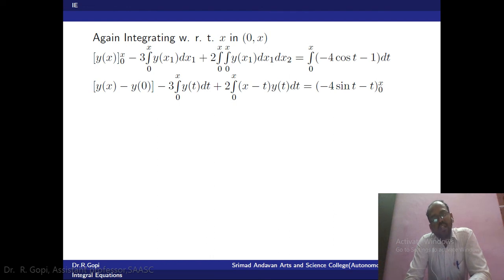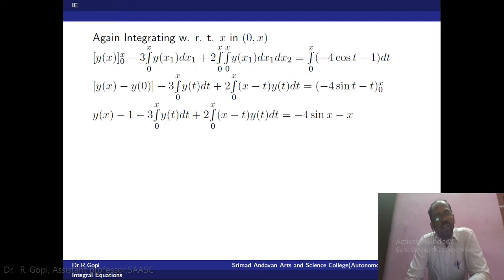So integrating this one, we get minus 4 sin t minus t, with limits from 0 to x. Also substituting the y(0) value, y(0) is nothing but 1. So y(x) - 1 - 3 times the integral from 0 to x of y(t) dt plus 2 times the integral from 0 to x of (x - t) y(t) dt. Substituting the upper limit, minus 4 sin x minus x, and substituting the lower limit, it is always 0.